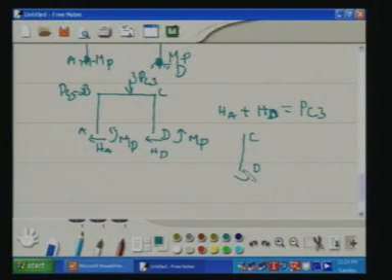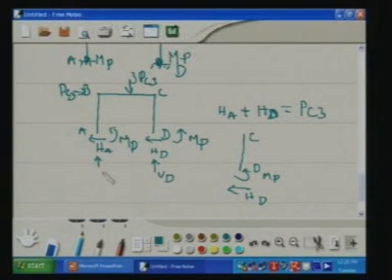So here the value of moment is MP, and the value of horizontal force HD is also there. There will be vertical reactions also, VD and VA, but this is not important here, since we are not going to use these values. We are only writing the equation in the horizontal direction. So these values are important.